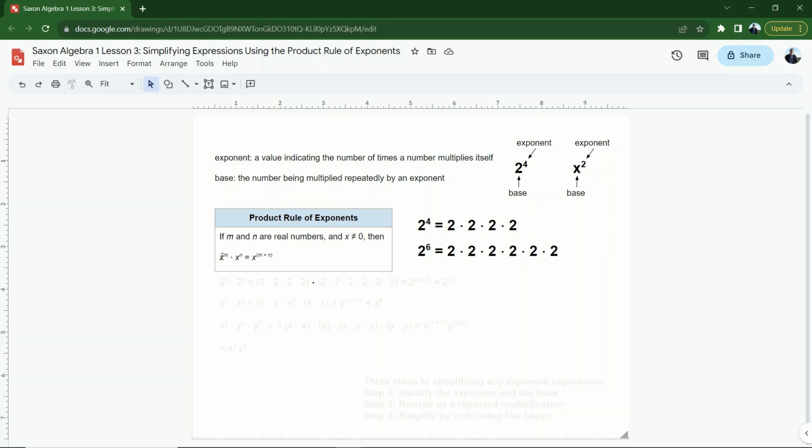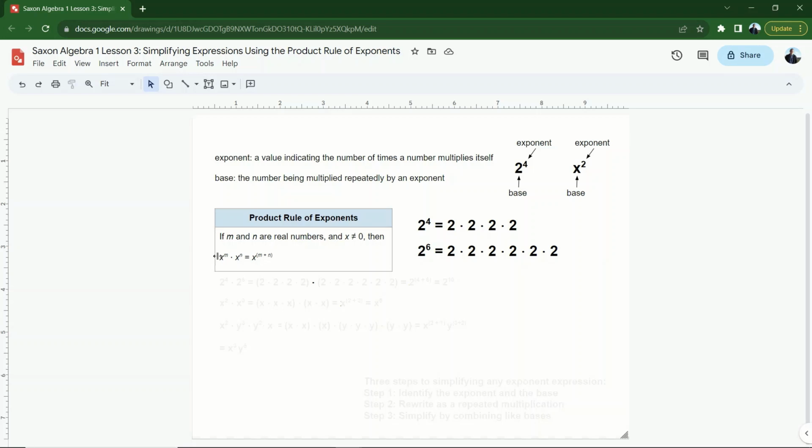Okay, we're just going to say that we have a non-zero base, and my exponents are real numbers. Then what I can do is if I have x to the m times x to the n, in other words, if I have the same base, doesn't matter if it's 2 to the 4th, 2 to the 6th, if it's x, if it's a variable, if I have the same base raised to different exponents, I can simplify that by just taking my base and writing it to the sum of the exponents.